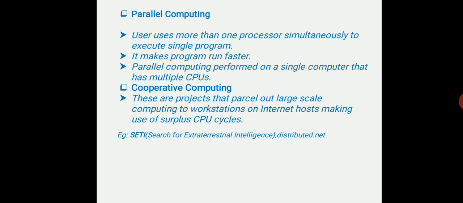So what is this cooperative computing? In cooperative computing, an interested computer owner will download a piece of software from websites, for example SETI at home or distributed.net. These are scientific websites, and to accomplish their projects, such as large scale scientific projects, they can use your CPU cycles. For that, your computer should be connected to the network, the internet, and you need to download software from such websites.